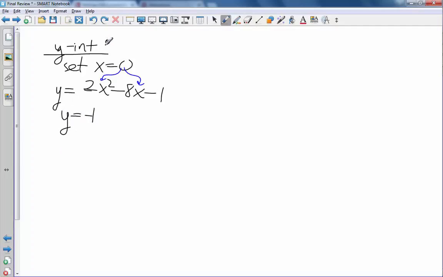So y-intercept: you set x equals 0, y is negative 1. Okay? Well, does it change if you use the vertex form? No, it's the same answer.